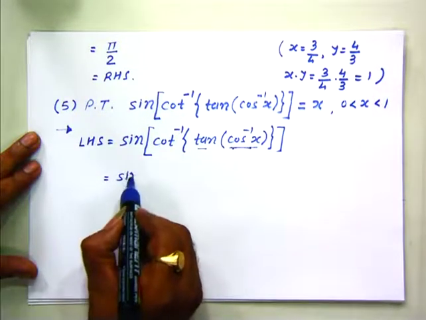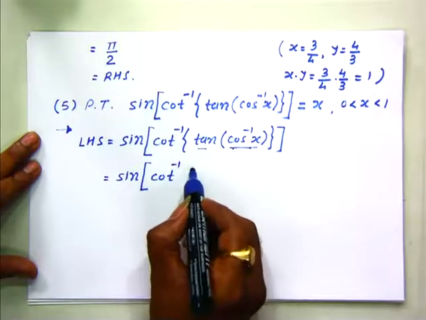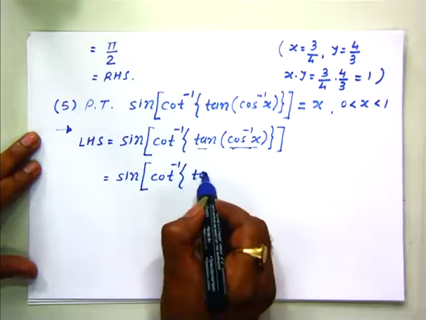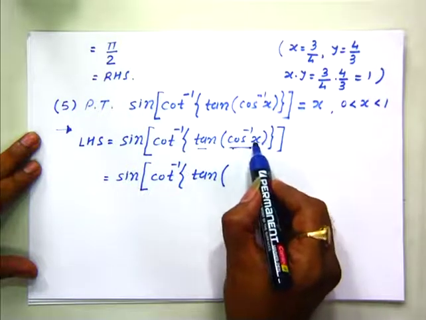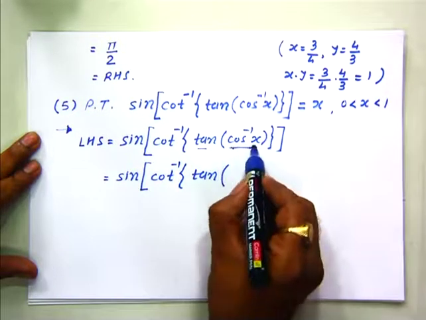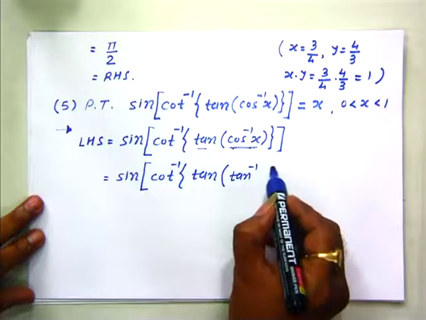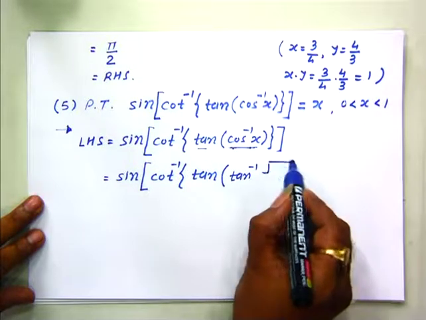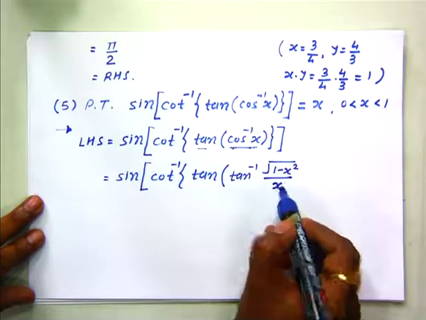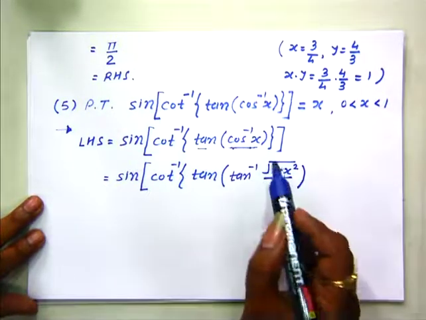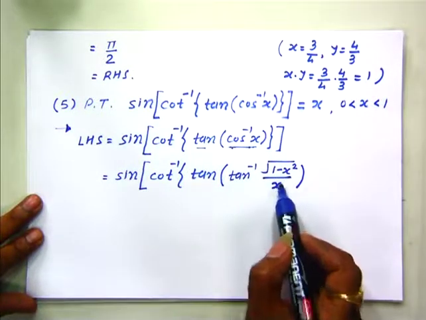So this is sine of cot inverse of tan of, now cos inverse x equal to tan inverse square root 1 minus x square upon x. We have just learned this formula, cos inverse x equal to tan inverse square root 1 minus x square upon x.